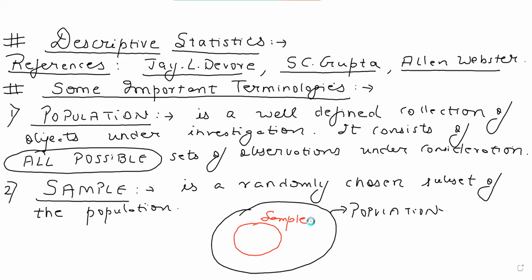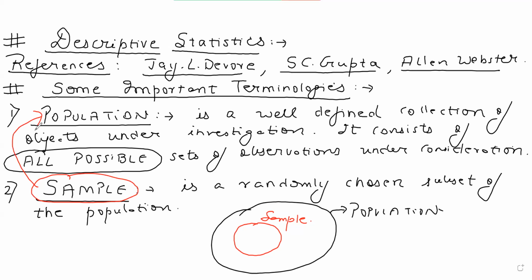So if I have to check how the students are performing at undergraduate level, I take a sample. From one university, I'll pick a random sample. From another university, I'll take another sample, and so on. The sample is going to give me an idea about the population. Whatever characteristics I observe in the sample, I can form some conclusions about the population.